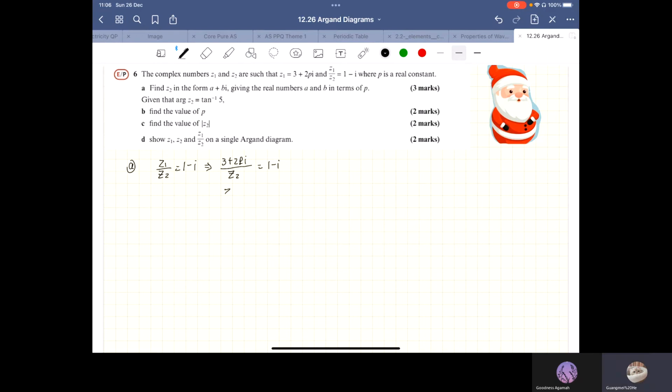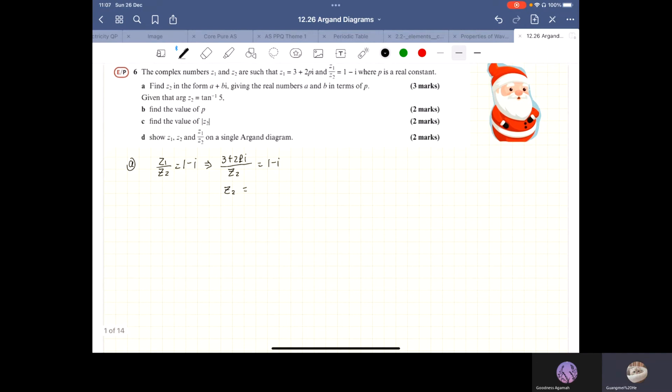And then we can get Z2 out. What is the value of Z2? If you rearrange this equation, Z2 is 3 plus 2pi divided by 1 minus i.